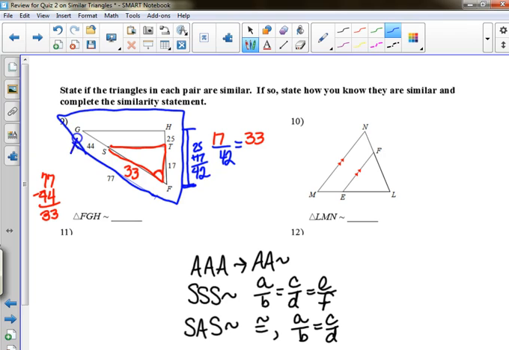In the same way that over here, this whole side was 77. Okay, I don't know if that's going to work. If I do 17 divided by 42, I get 0.4047. If I do 33 divided by 77, I get 0.428. Those are not equal, so these are not similar.